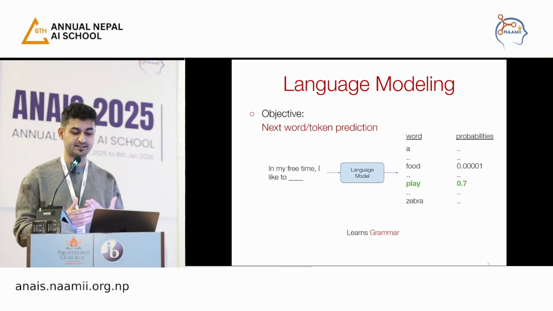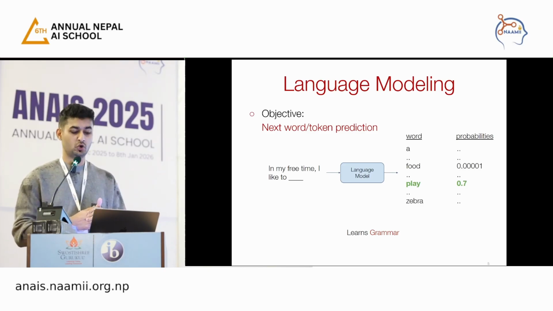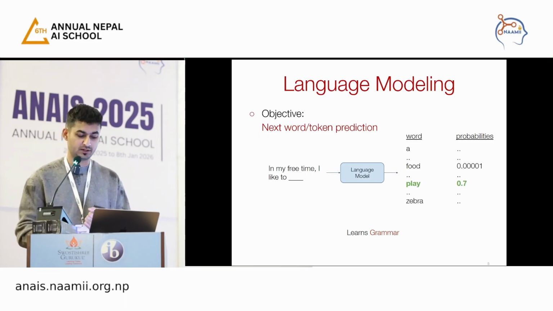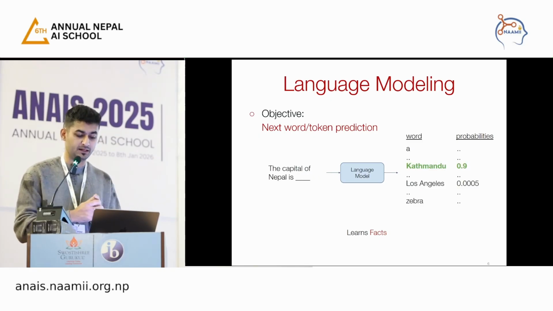In this toy example, there are four words: food, play, and zebra. We know that after the word to, we need a verb. So when the language model learns to predict next tokens in this way, it is learning the grammar of a language. Similarly, it also learns facts. For example, the capital of Nepal is, and the task is to predict the next word. There is a high probability for the word Kathmandu, so it is learning facts.